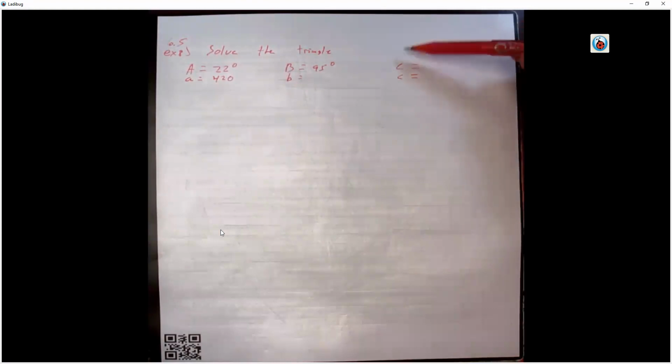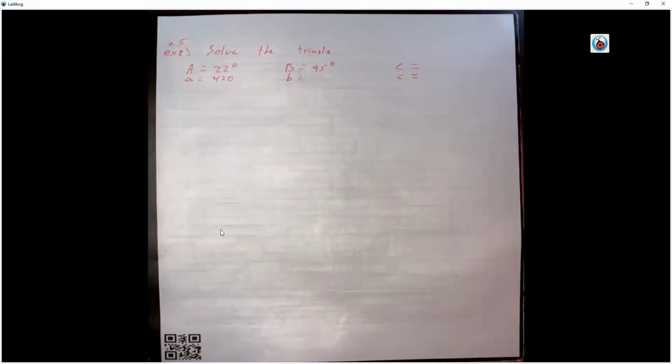Can you tell why there's only one triangle here? You could prove it by solving, or you think about it. We can find C by subtracting from A and B. But I thought it was supposed to be 90 degrees.